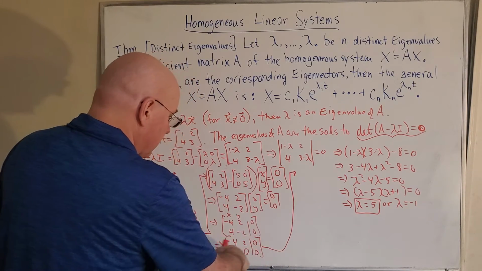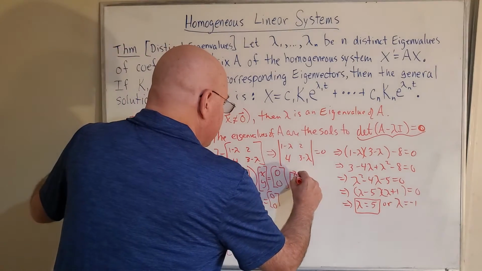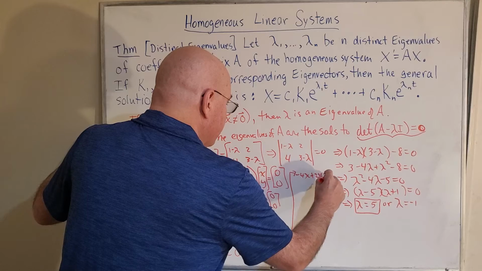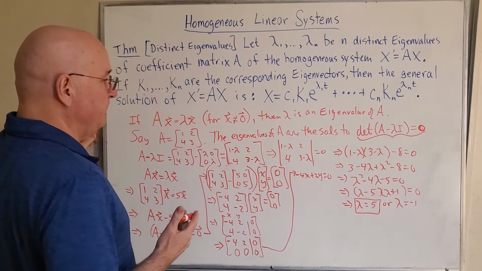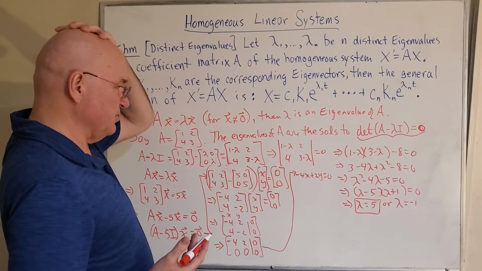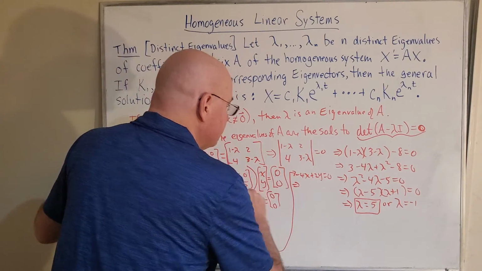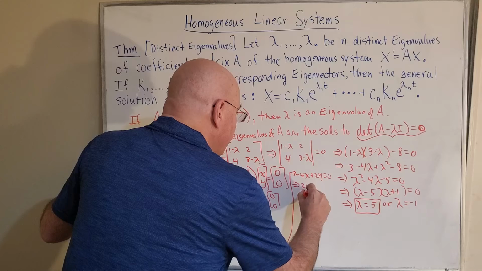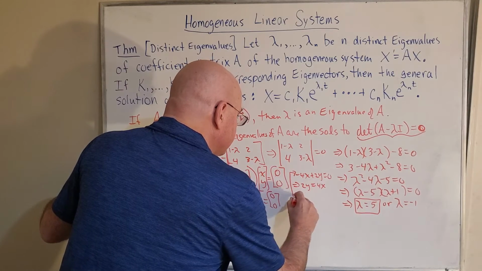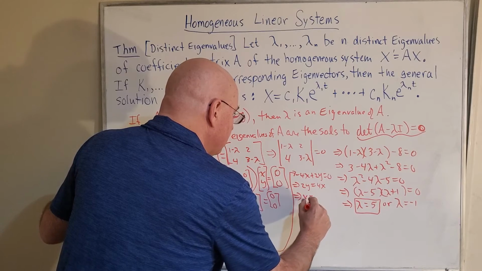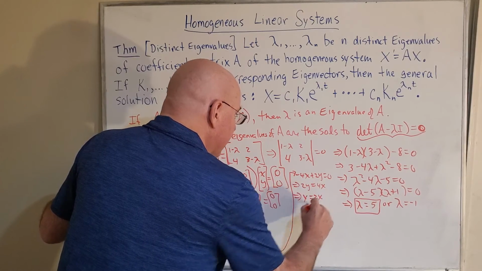Since the bottom one is all zeros, that means that -4 times x plus 2 times y equals 0. There are going to be an infinite number of solutions, so maybe we'll solve for y. You wouldn't have to, it doesn't matter, but 2y equals 4x. Right? I added 4x, so y is equal to, dividing by 2, 2x.